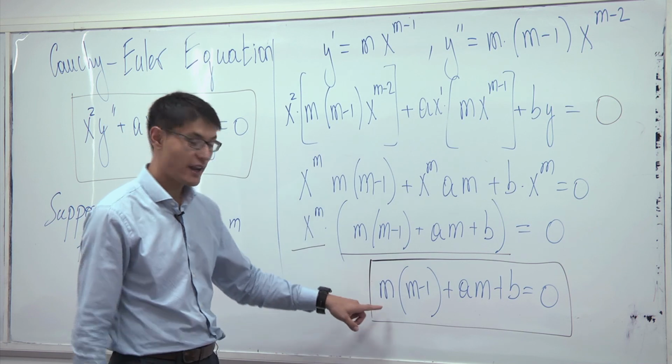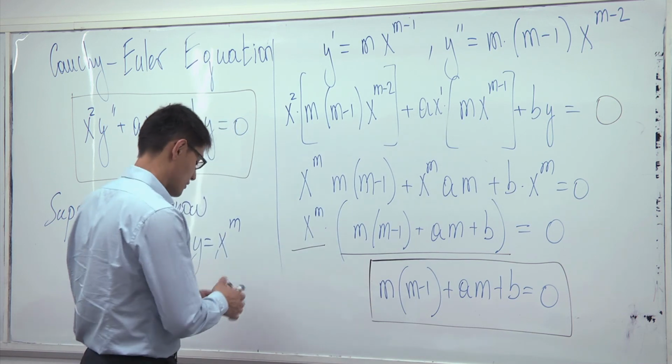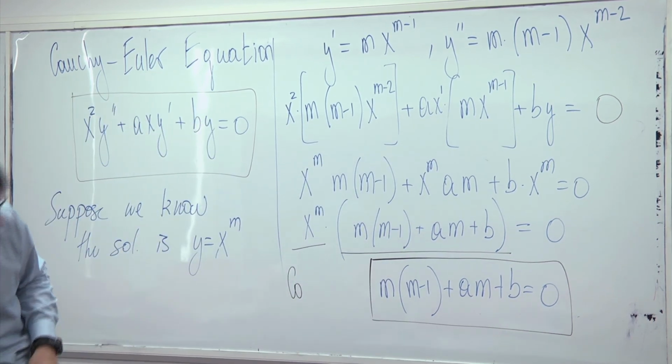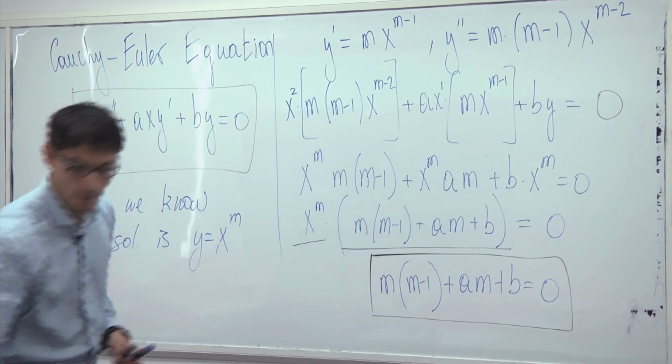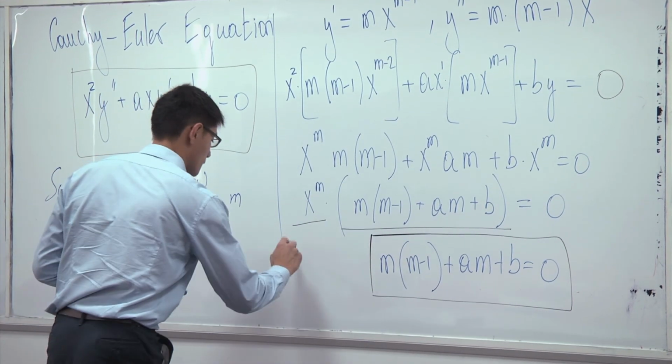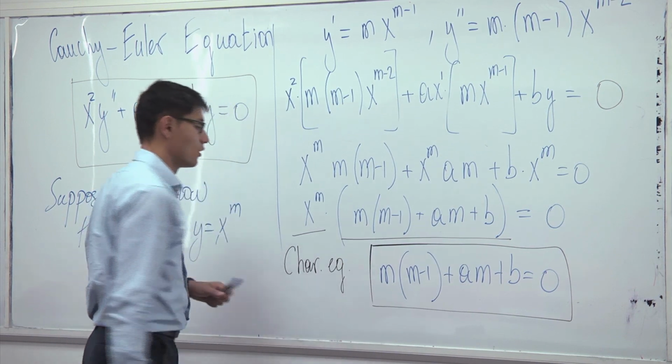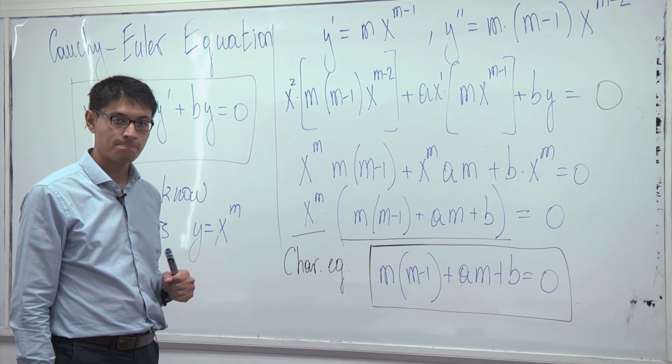And this is what we call a characteristic equation. This is the characteristic equation of the Cauchy-Euler equation.